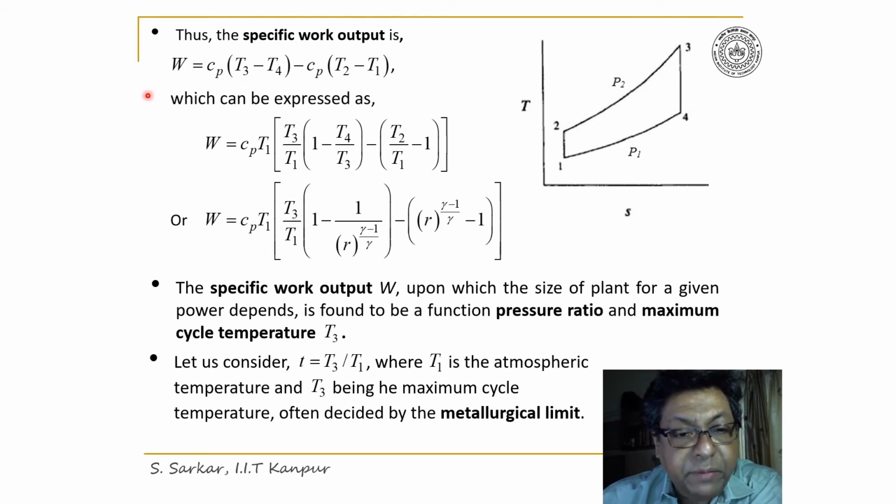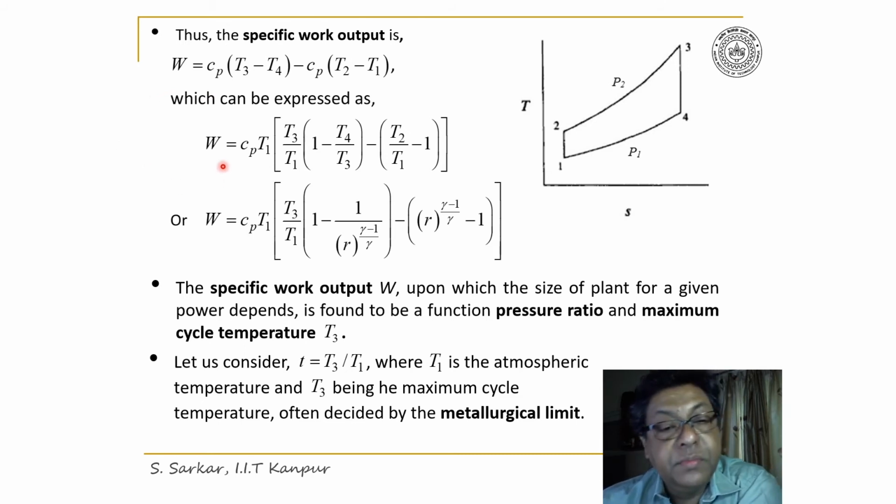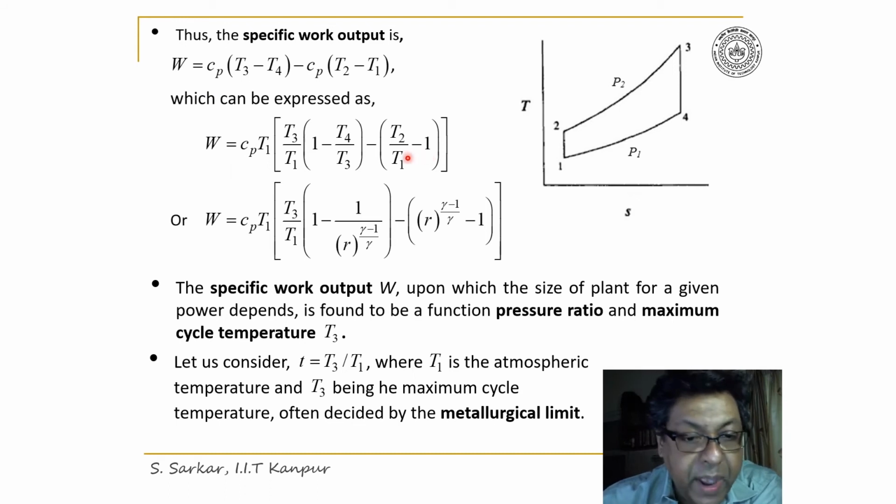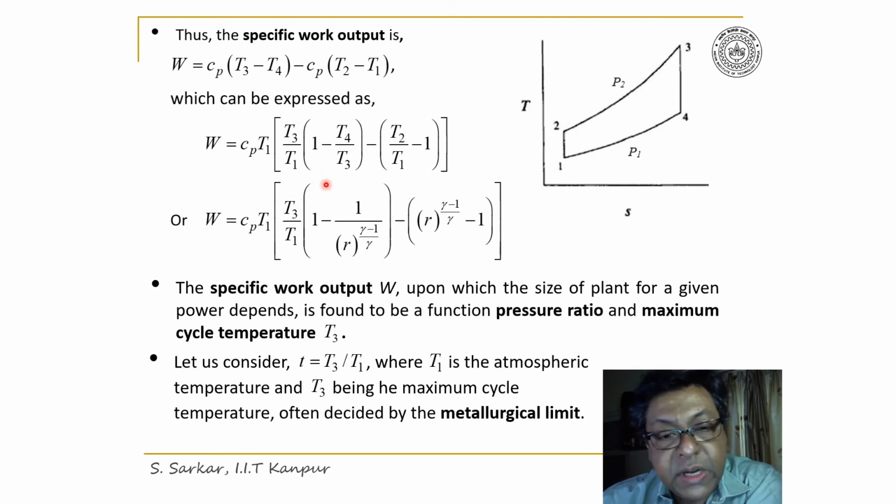Now W can be expressed in the form as Cp into T1 within the bracket, (T3 by T1), again within the bracket (1 minus T4 by T3), minus within the bracket (T2 by T1 minus 1).